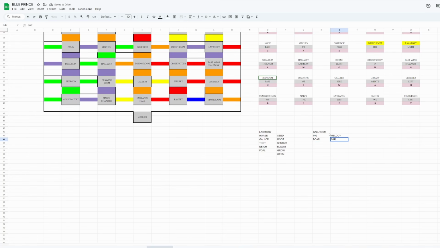This could be bar, it could be music, it could be sing, it could be so many things. Pig, boar. This could be snout. It could be sty, right? A pig sty. The music one, it could be a staff.